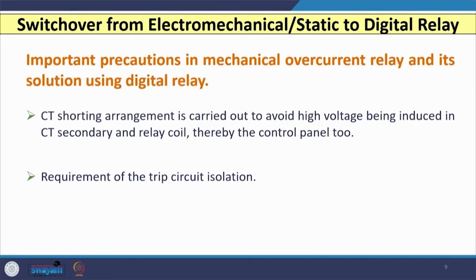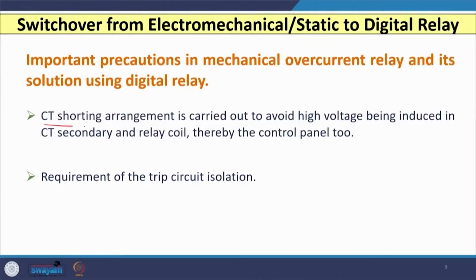Now, why do most researchers and utility personnel switch over from electromechanical or static relays to digital relays? There are mainly two reasons. The first reason is the CT shorting arrangement, which is required for electromechanical or static relays, because when the relay coil is connected, CT shorting is required, otherwise a high voltage is produced across the secondary of the CT and the relay coil.